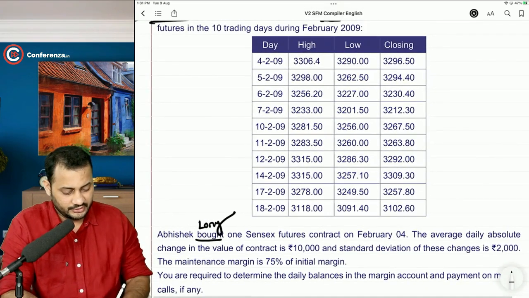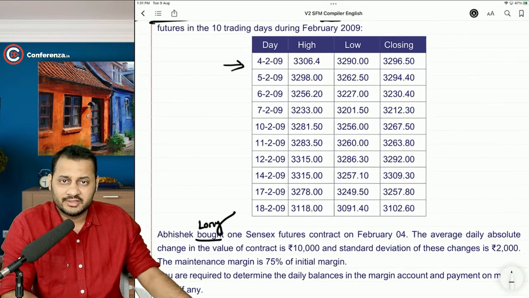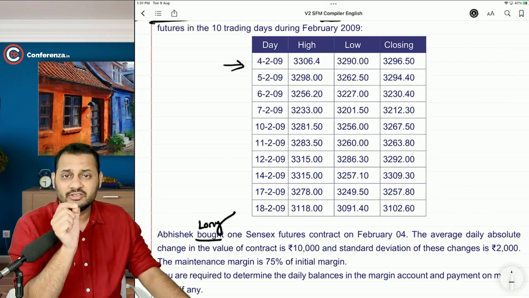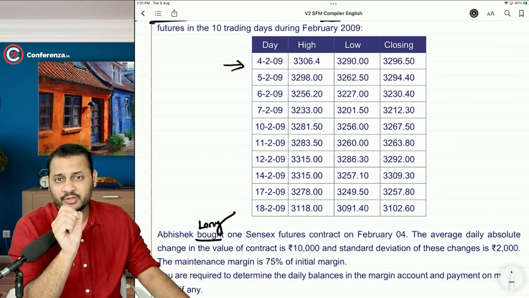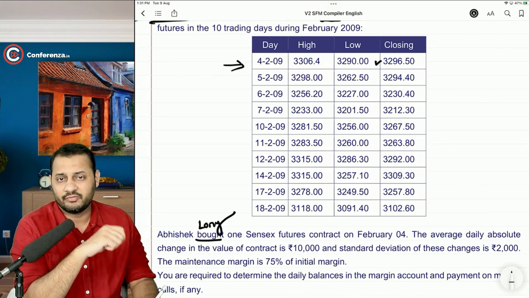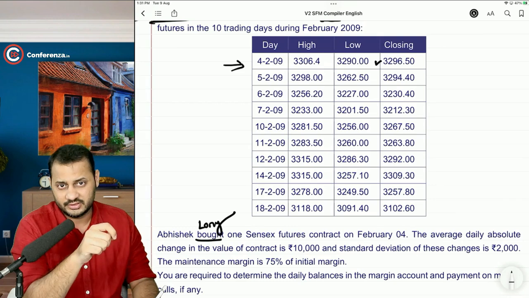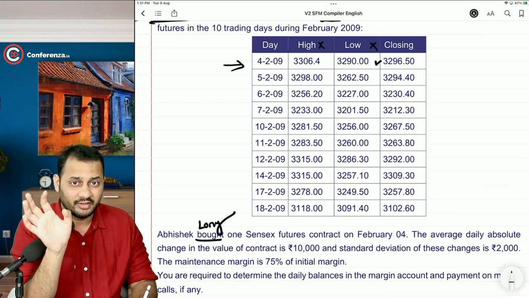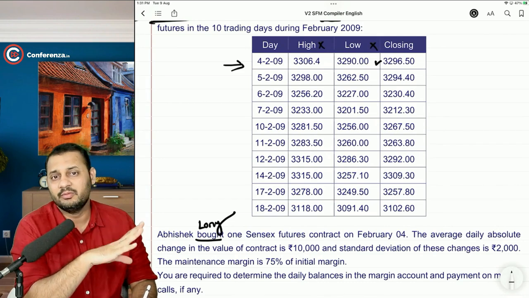Okay, so this is the first day of his trading, and he bought it on the 4th of February. At which price is not given to us in the question. When something is not specified in the question, what we are going to consider is that we have purchased it at the closing price. 3296.50 will be relevant for us. In the entire question, the highest and the lowest price are not at all relevant. Only the closing will be relevant.